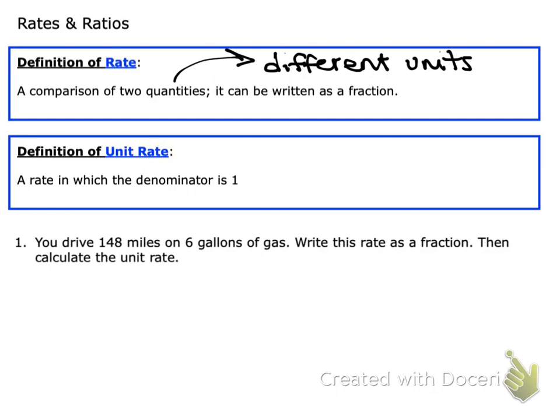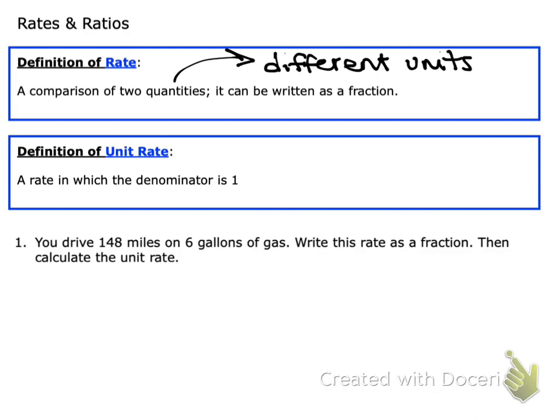You have a comparison of miles and hours, those 2 quantities, but the units are different. They're not both miles, they're not both hours. So that's a rate. A unit rate means the denominator is 1. So it's per 1 mile, per 1, and you can fill in the blank.